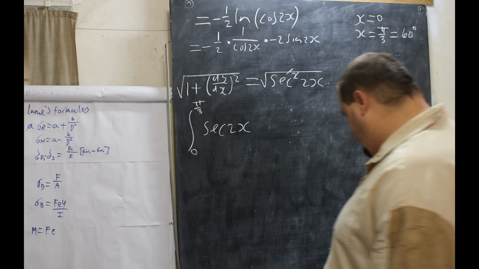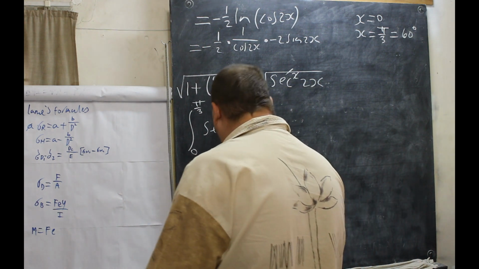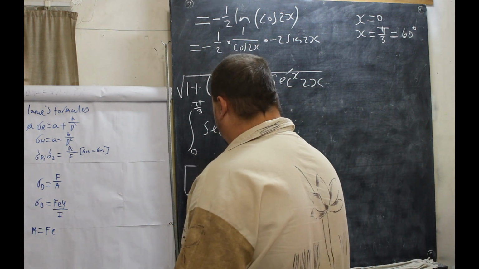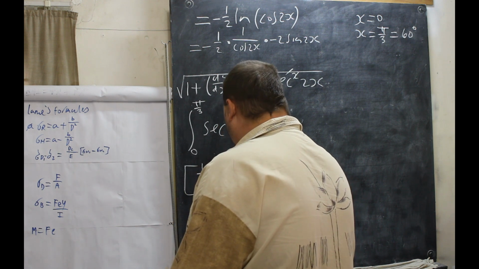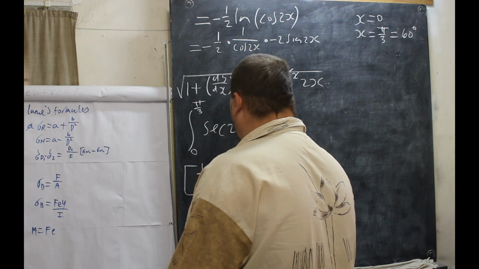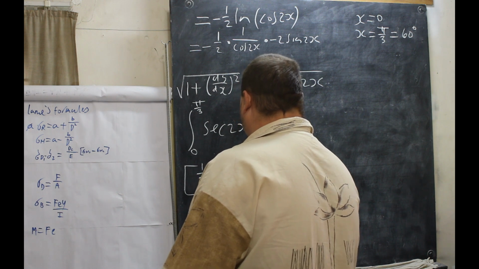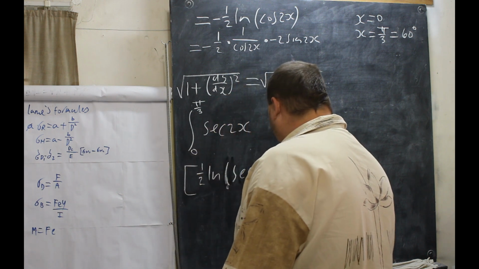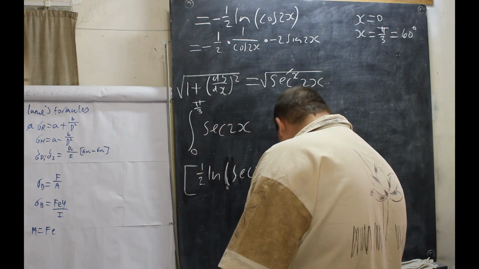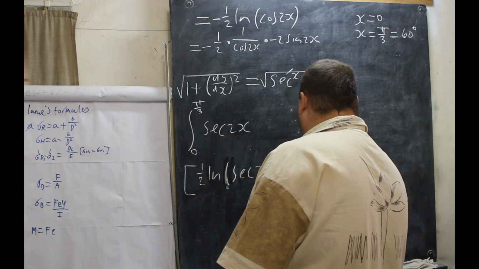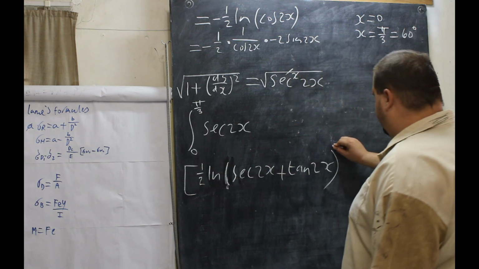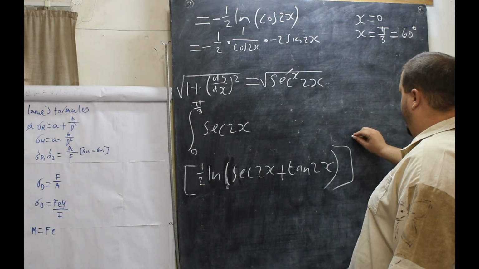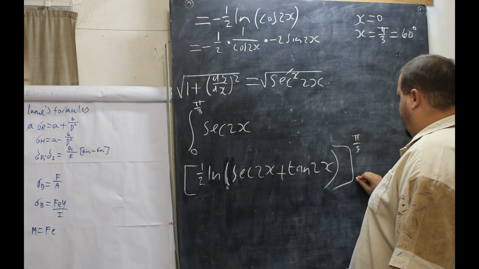So what's next is the integral of that is a half ln sec 2x plus tan 2x, between pi over 3 and 0.